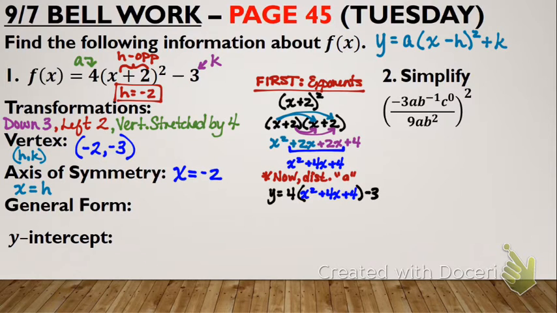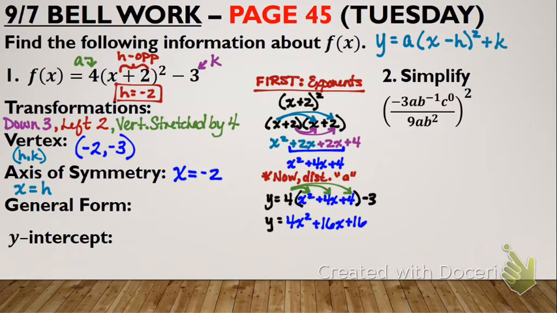There's only one number that I'm not going to distribute the 4 to. Which number am I not going to distribute to? The negative 3. Absolutely correct. So we're going to take that 4 and we're going to distribute it to everybody. So I have y equals 4x squared plus 16x plus 16. This minus 3 comes down.